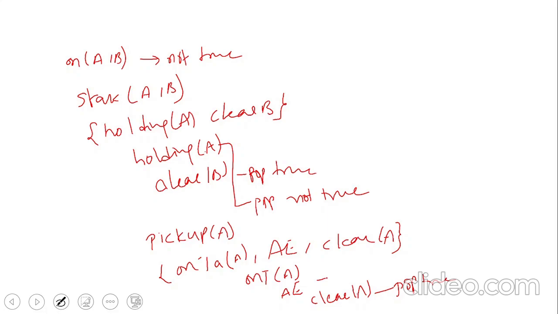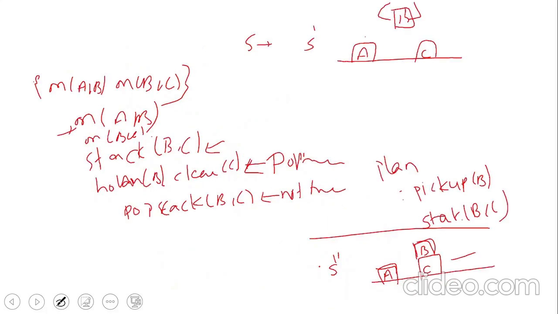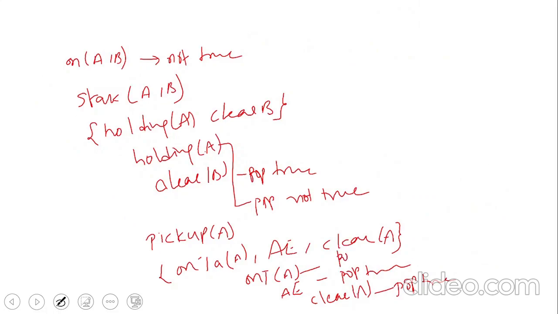Arm empty, pop, true. On table A, correct, pop, true. All of these are true. Next we are having pick up A, pop pick up A.